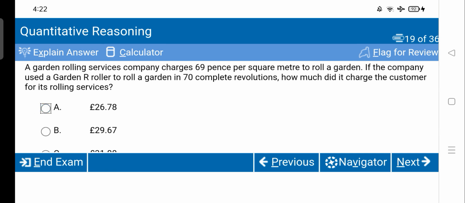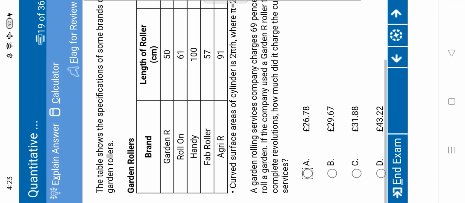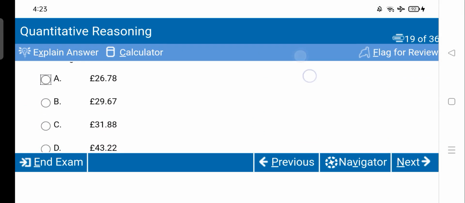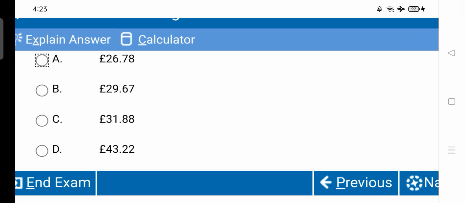So here we have option A, 26.78 pounds, option B, 29.67 pounds, option C, 31.88 pounds.